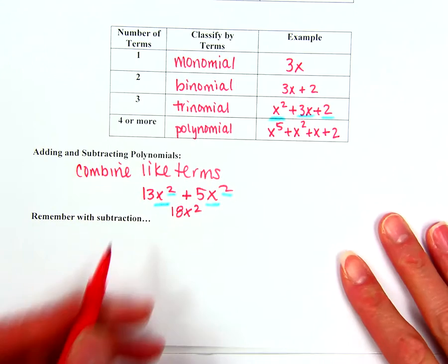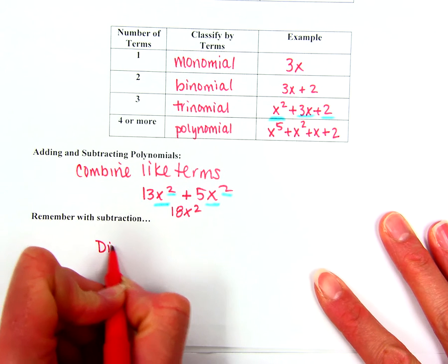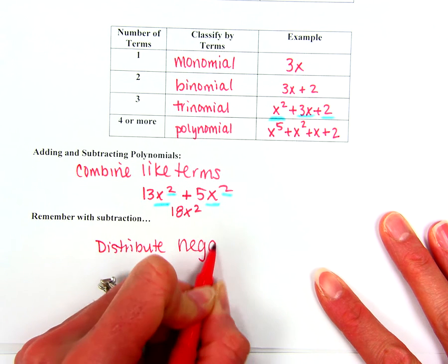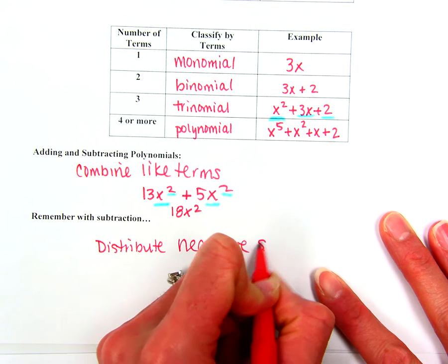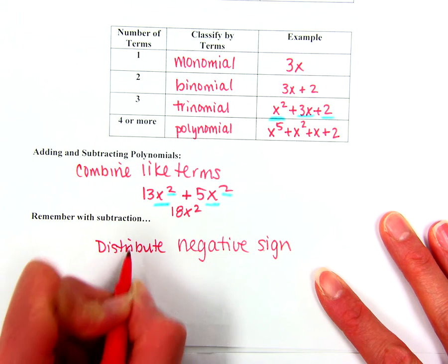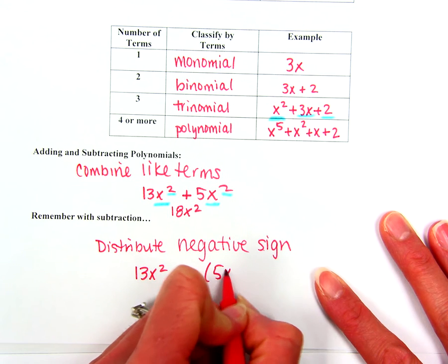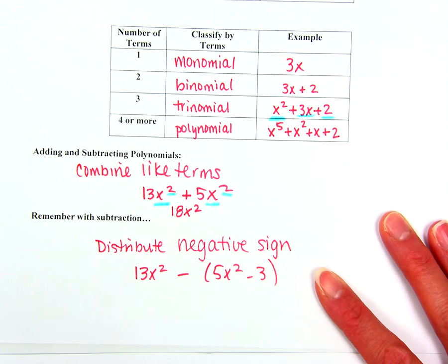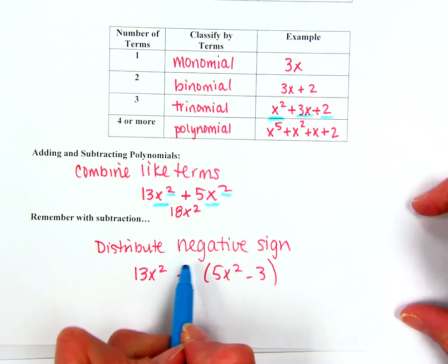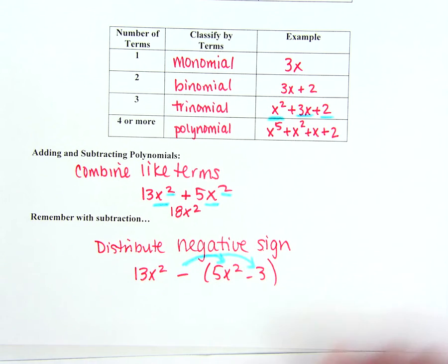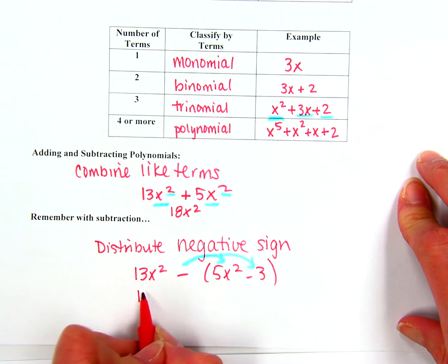All right, when you are subtracting, make sure that you distribute the negative sign. For example, if you had 13x squared minus the quantity 5x squared minus 3, you would need to distribute this negative to the 5x squared and the negative 3, and then you can add your like terms together.